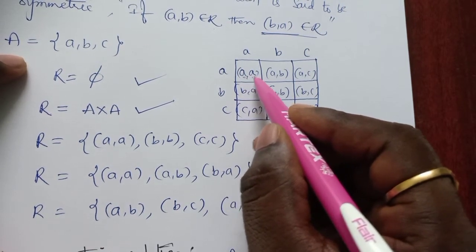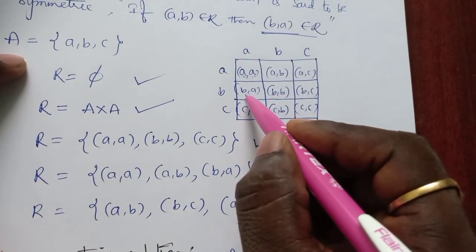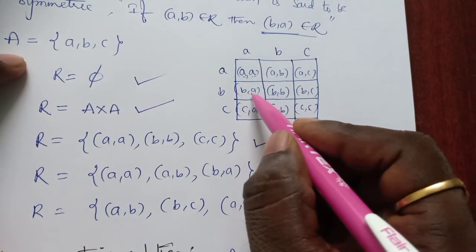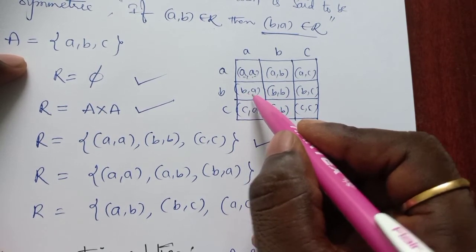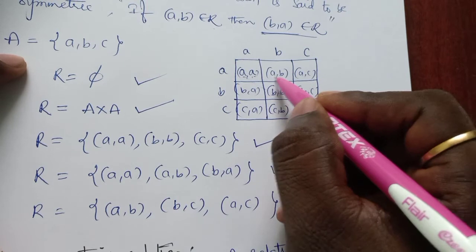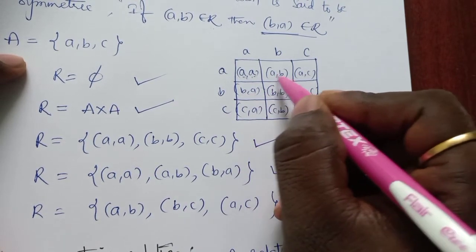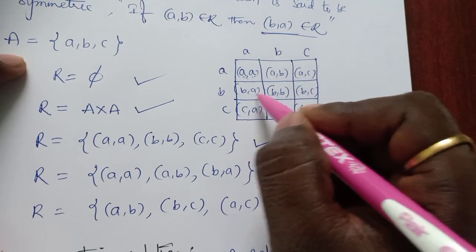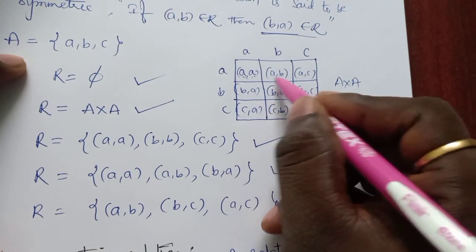So in place of b we have a. So no problem with the diagonal elements. Clearly (b, a): so these two are different, which means that a is not equal to b. So we cannot have (a, b) if (b, a) is present in the relation. But in the Cartesian product A cross A, (b, a) and (a, b) are both there.